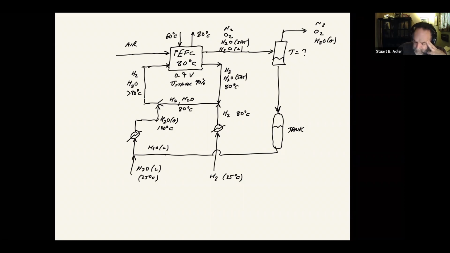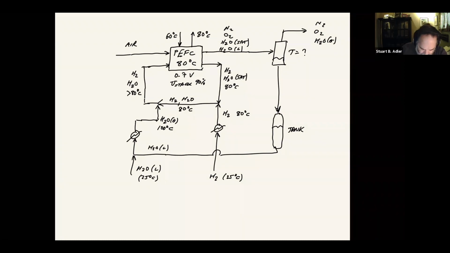On the other hand, maybe the saturation pressure depends on the temperature, and as we go higher and higher in temperature, the saturation pressure of water gets so high that the water that we carry out with us in the exhaust from the PEM is more than we're making. So we haven't worked that out yet. We don't know what the flow rate is in the exhaust, this is the PEFC exhaust, yet until we sort through Faraday's law. So it could be we also need to add water to the air.